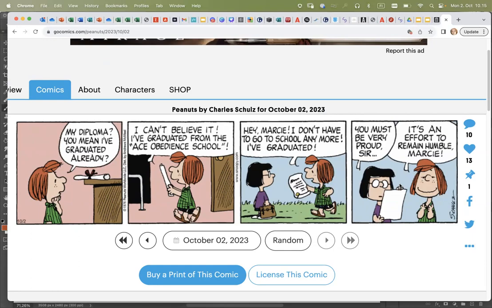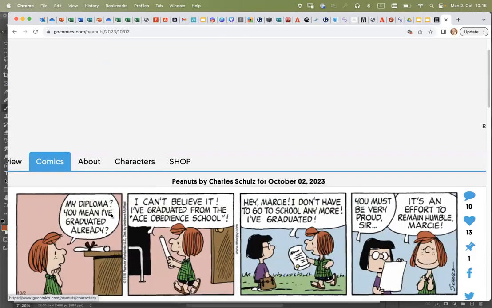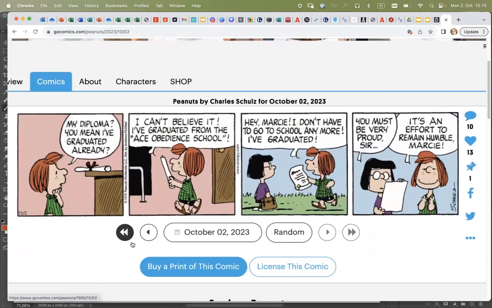Like here, she has gone to what she thinks is a private school, and she has got a diploma, but you can see that the name of the school is Ace Obedience School. So she has gone actually to a school for dogs without noticing.